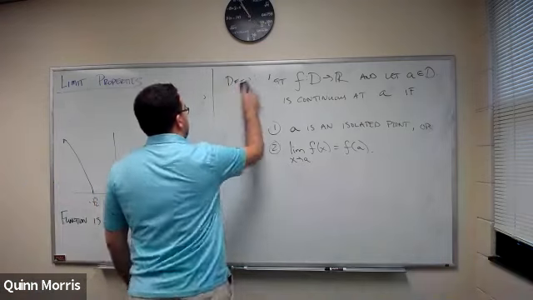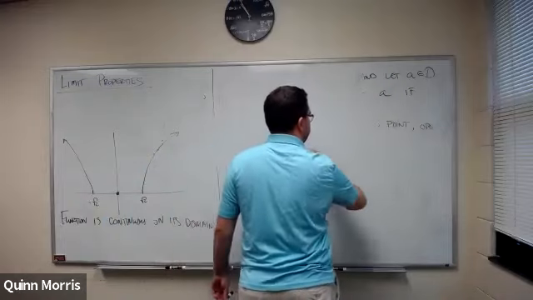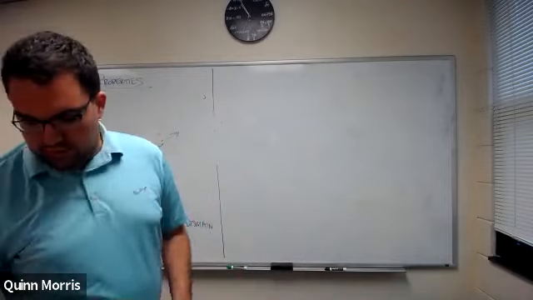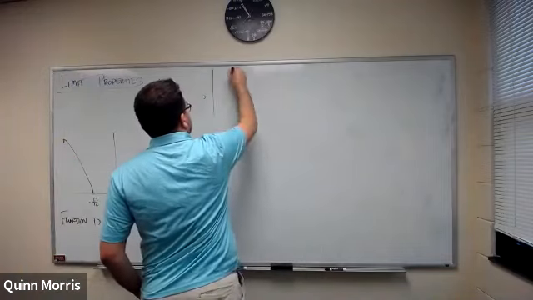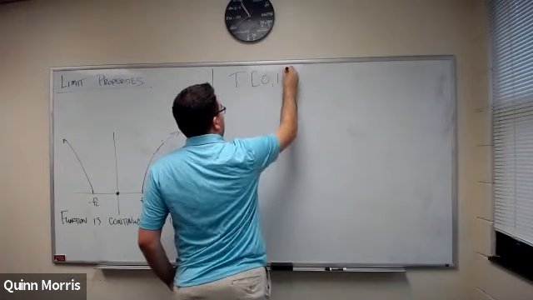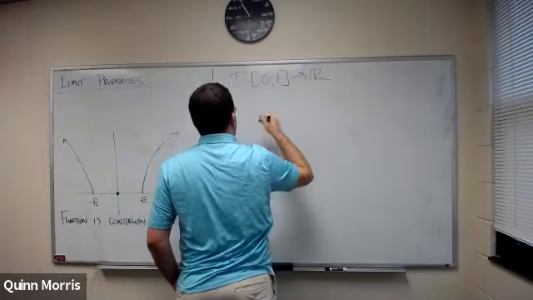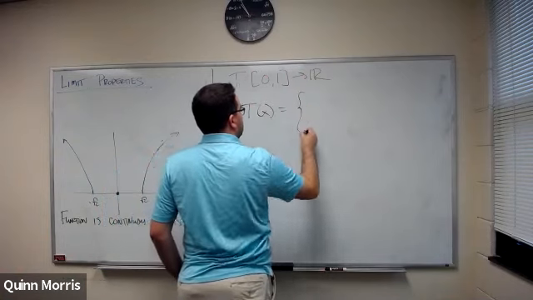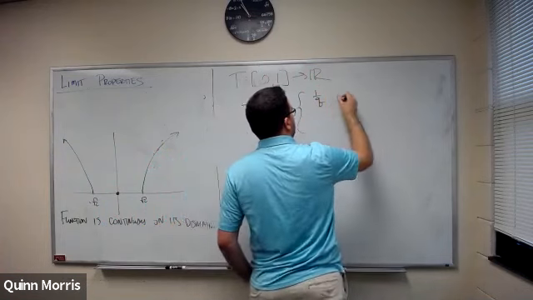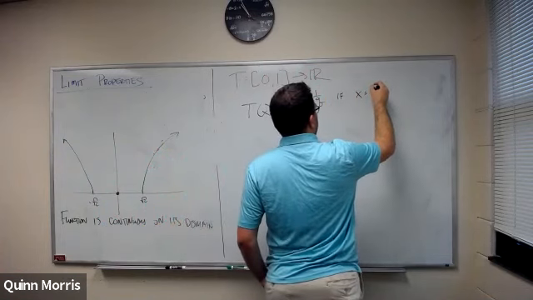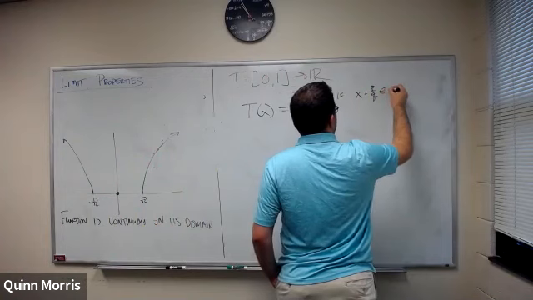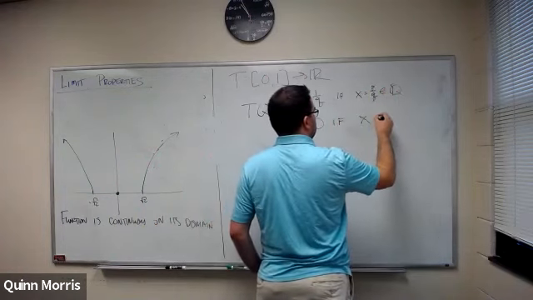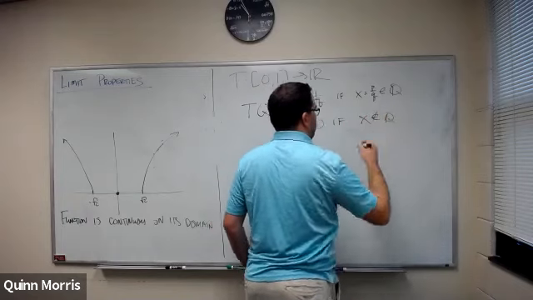So let's go back to May's function from before. If you'll recall, this was a function that we're really just going to consider on the interval 0, 1 into R, defined as T of x equals 1 over q if x equals p over q is a rational number, and 0 if x is not a rational number.